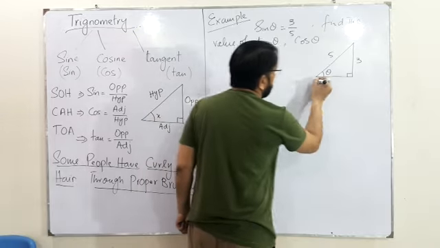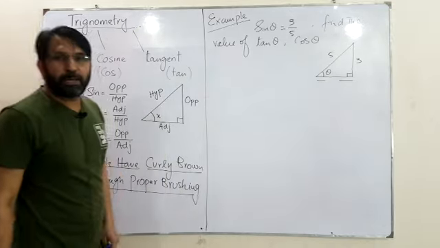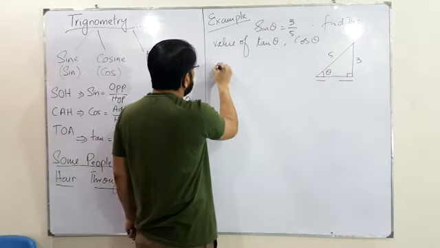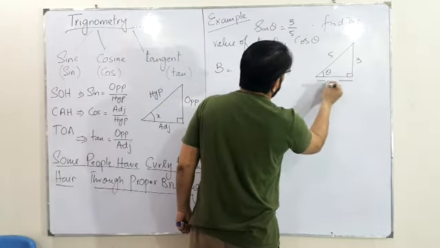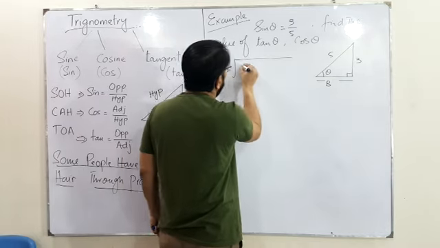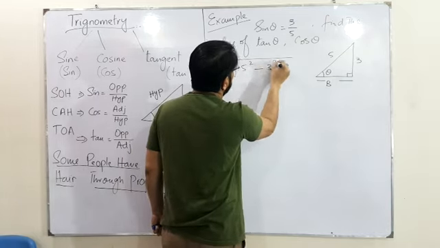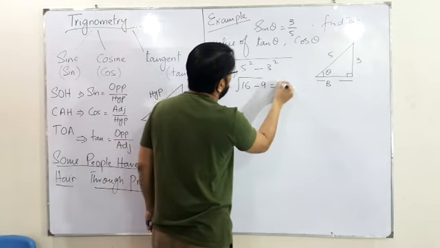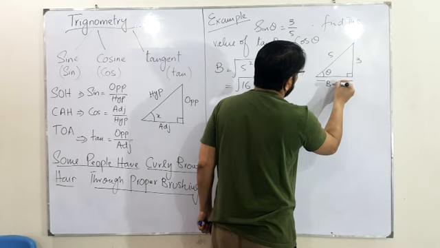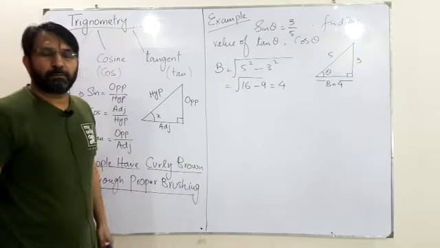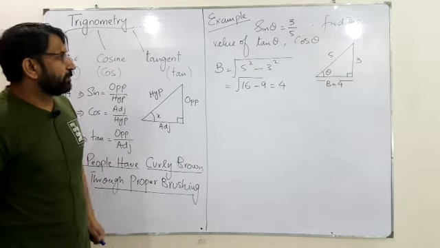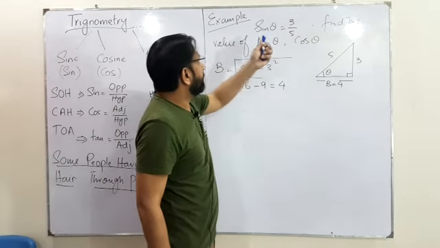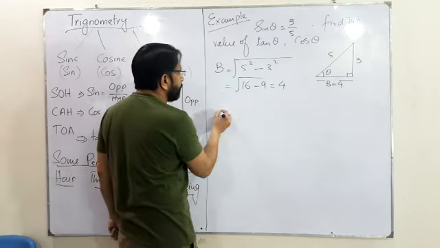We can find this side, which is the adjacent, by using the Pythagoras theorem. So this base B can be found by Pythagoras theorem, which gives us the value equal to 4. Now, we can use the triangle to find out the value of tan and cos.